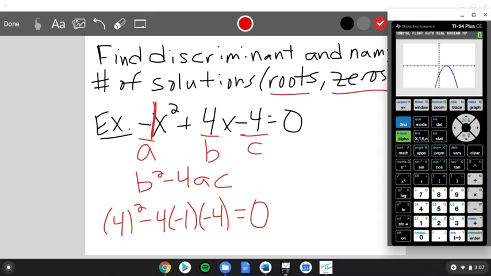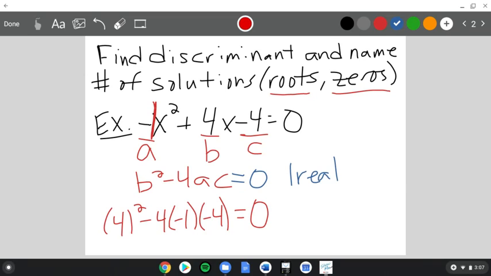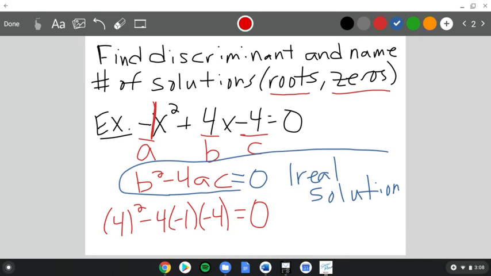So there's just one solution, and that will always be true. If your discriminant is equal to 0, that means there is just one real solution. So discriminant equal to 0 is one real solution.